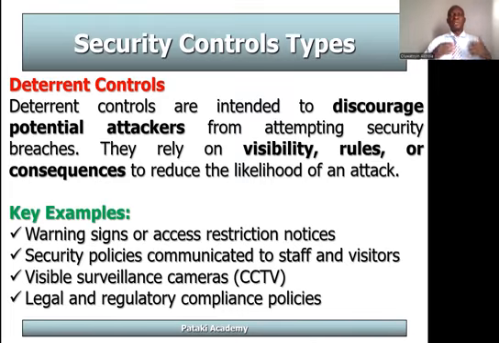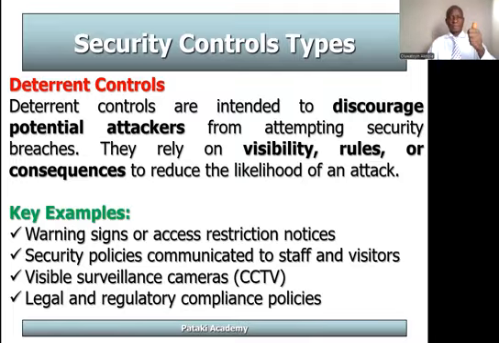Deterrent controls are intended to discourage potential attackers from attempting a security breach. They rely on visibility, rules, and consequences to reduce the likelihood of an attack. That's a deterrent. You deter the hackers, you deter the attackers. Now, what are the examples?